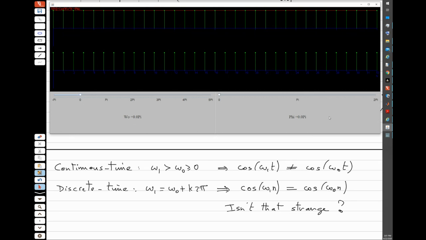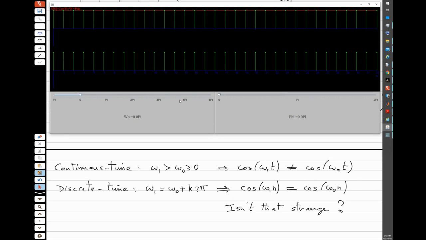So red curve, cosine of omega 0 t. Omega 0 being 0, this is 1. And the green sequence is cosine of omega 0 n. You may not see the numbers here in blue, but it's 1, 2, 3, 4, 5, 0.